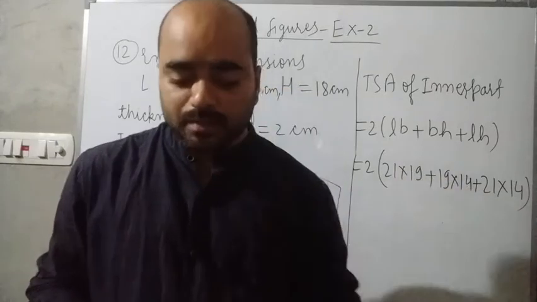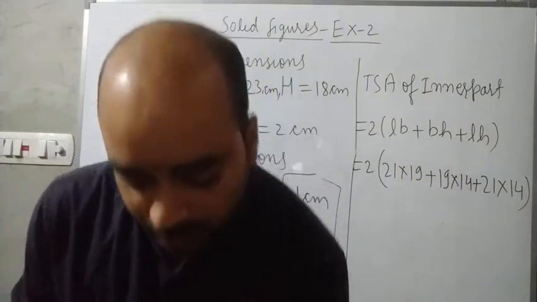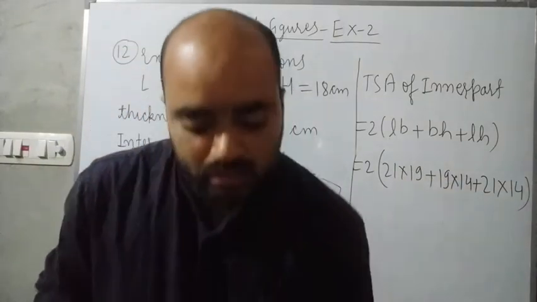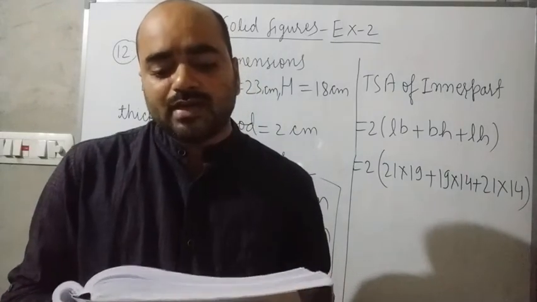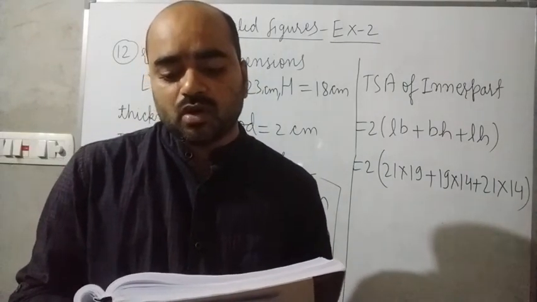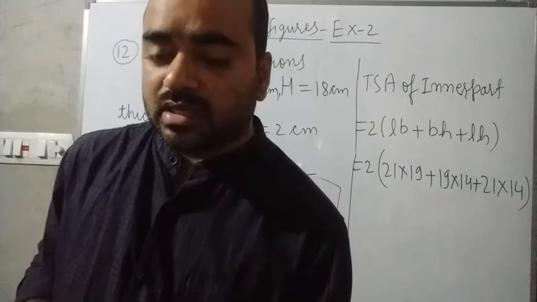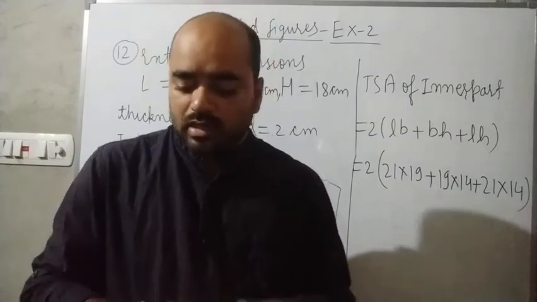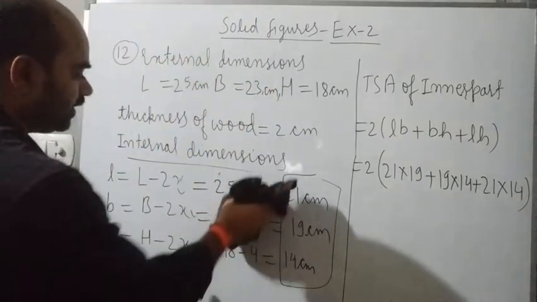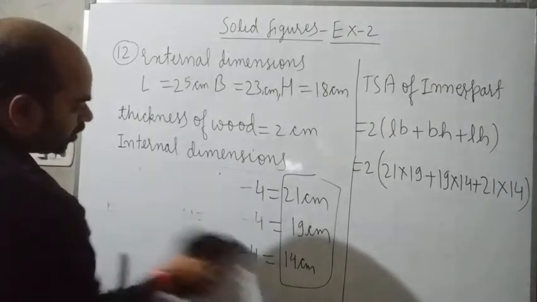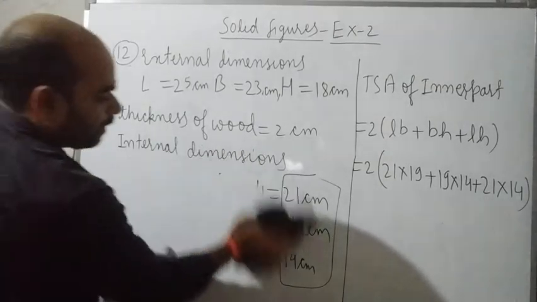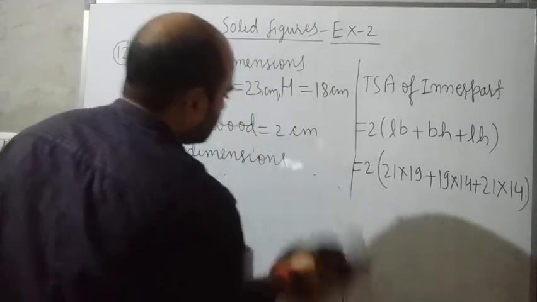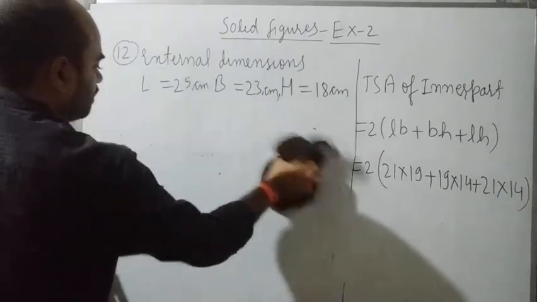Now the important part is understood. The important part is the total cost of the wood required to make the box, if the wood costs rupees 1 per centimeter cube. For this kind of question, we have to find the total cost of the wood.